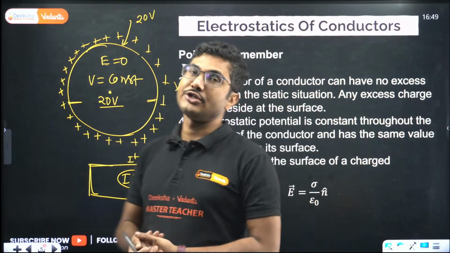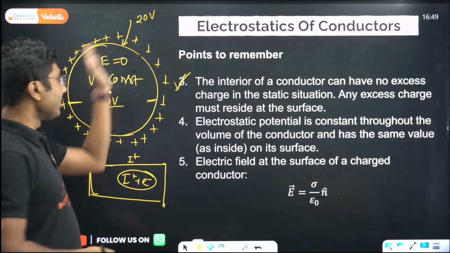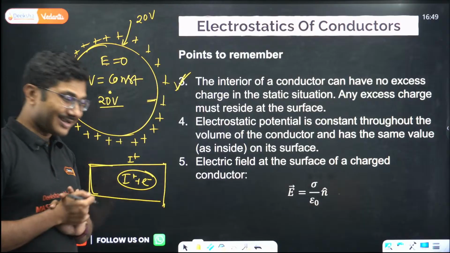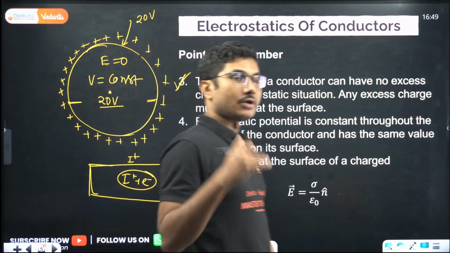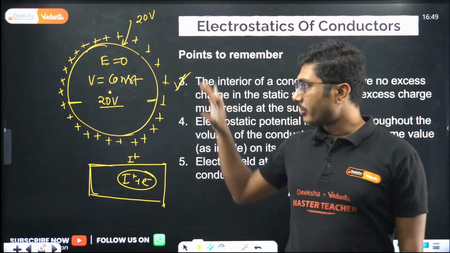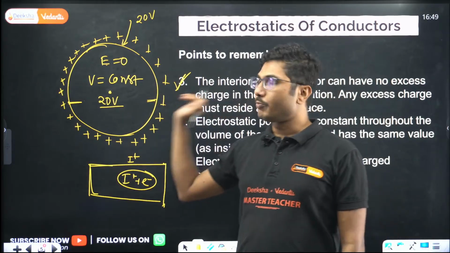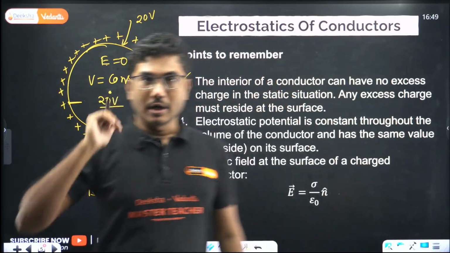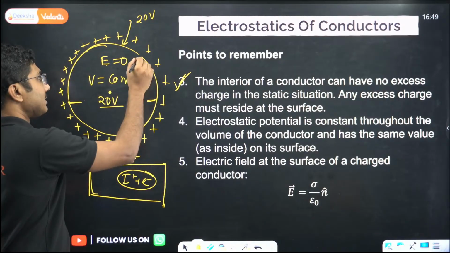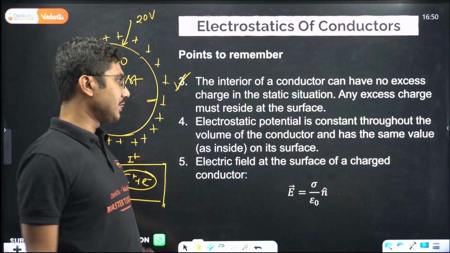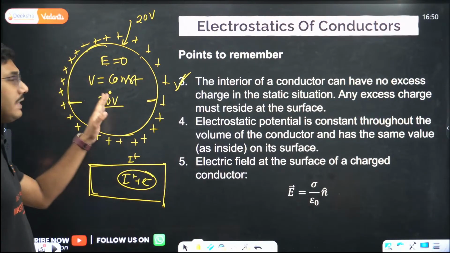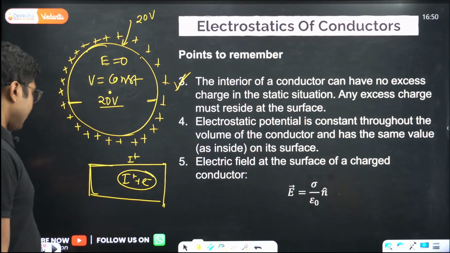Potential does not change throughout the volume of the conductor. If it is a conductor, charges are always on the surface. For a non-conductor it might change obviously, but for a conductor remember that potential will always be constant from the center till the surface. After that it will change. Electric field is 0, potential is constant.